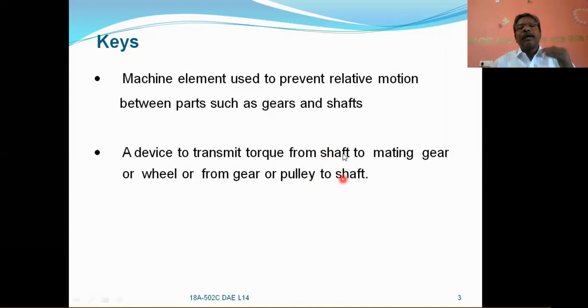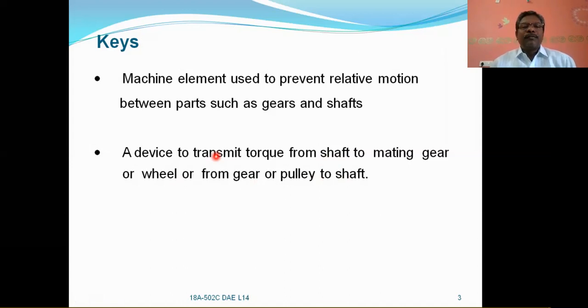First definition is to prevent the relative motion between the parts such as the shaft and the hub of the gear or pulleys, whatever it is. And the another definition is a device to transmit torque from shaft to hub of the pulley or the gear, through that to the another shaft.